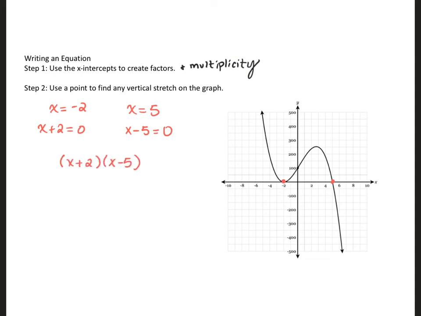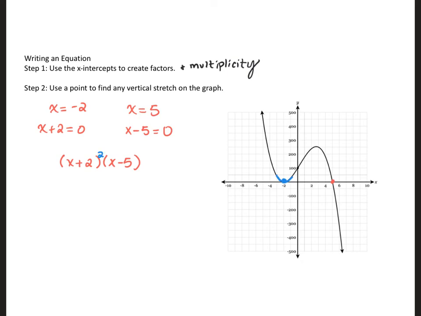However, I also want to use my multiplicity. One thing I notice, and this is special, is that at -2, my graph turns on the x-axis, so I need to have an even multiplicity here. I'm going to give it an exponent of 2. That's the smallest even number.